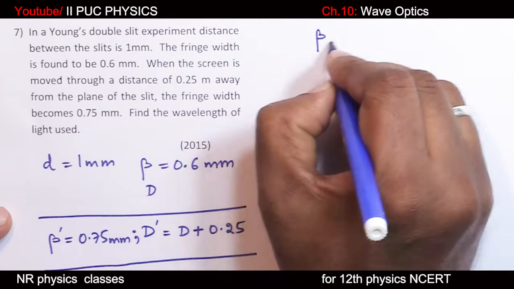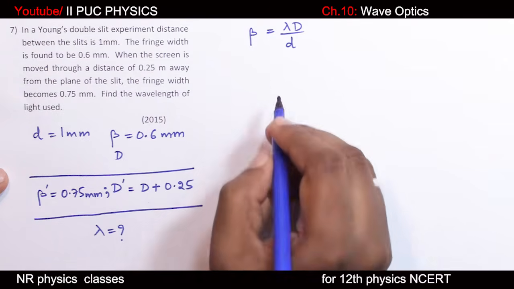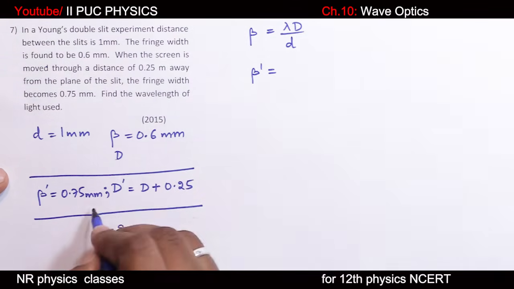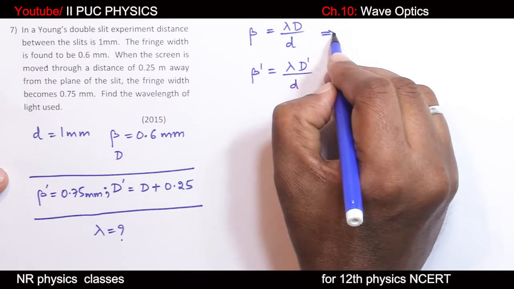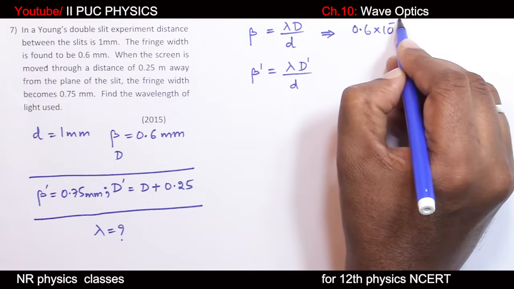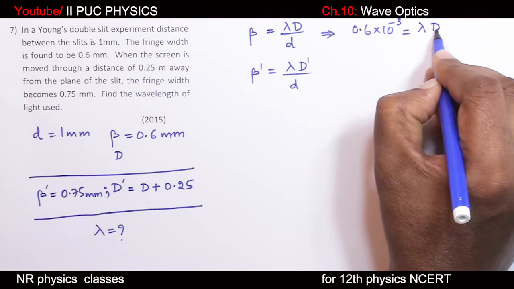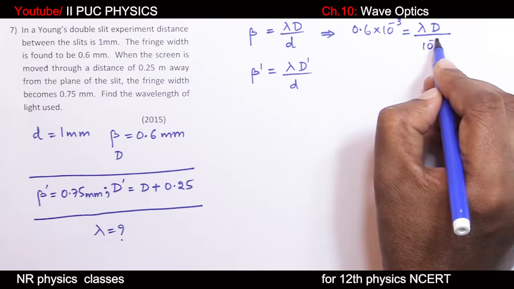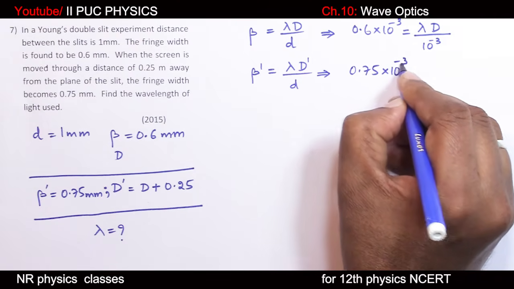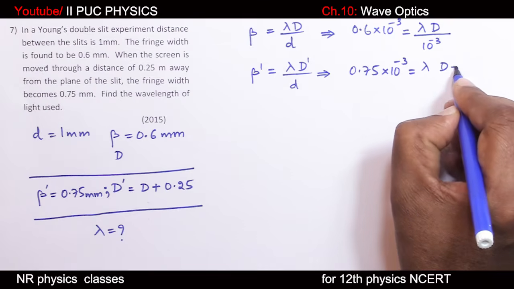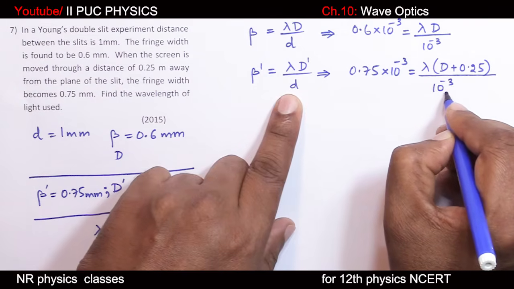So consider beta equals lambda D by d. Next, beta' equals lambda D' by small d. This gives 0.6 × 10^-3 equals lambda capital D by small d, which is 1 millimeter, 10^-3. The new fringe width is 0.75 milli, equal to the same wavelength, but it is D plus 0.25 by small d, which is 10^-3.